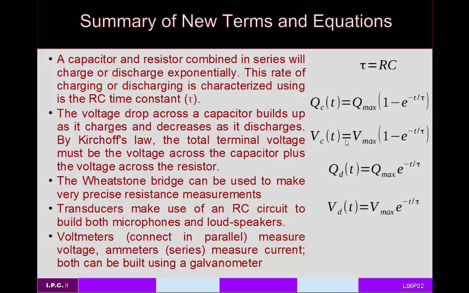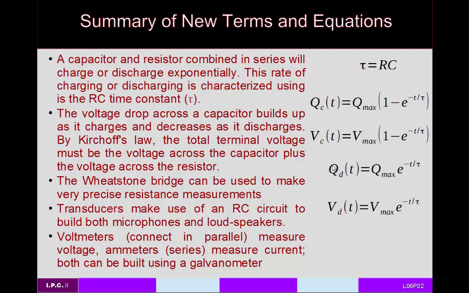And the voltage drop across the capacitor is the maximum voltage times 1 minus e to the negative t over tau, where this maximum voltage is basically the voltage of your battery, and this maximum charge is basically the charge supplied from the battery, C times EMF, the capacitance times the EMF for the battery.